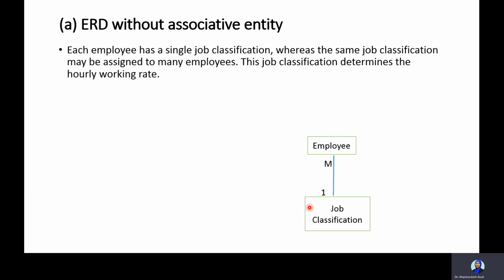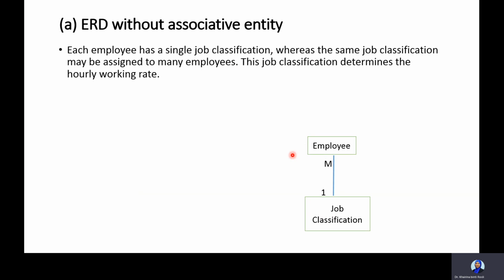Looking at the business rules, it says each employee has a single job classification. Single job classification means one job classification, whereas the same job classification may be assigned to many employees. So this is how we read the business rule and draw the ERD.